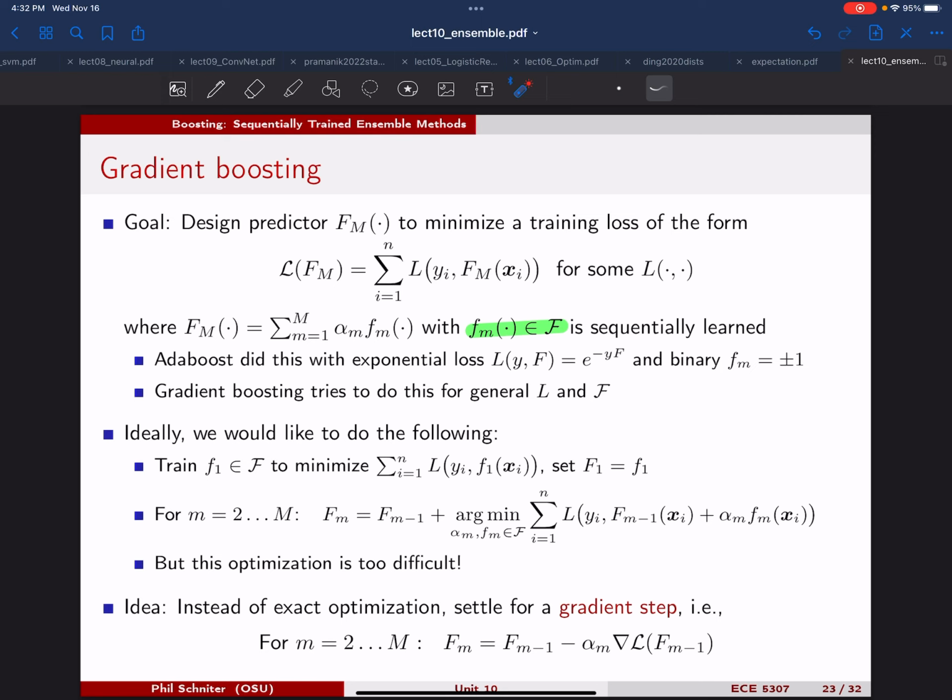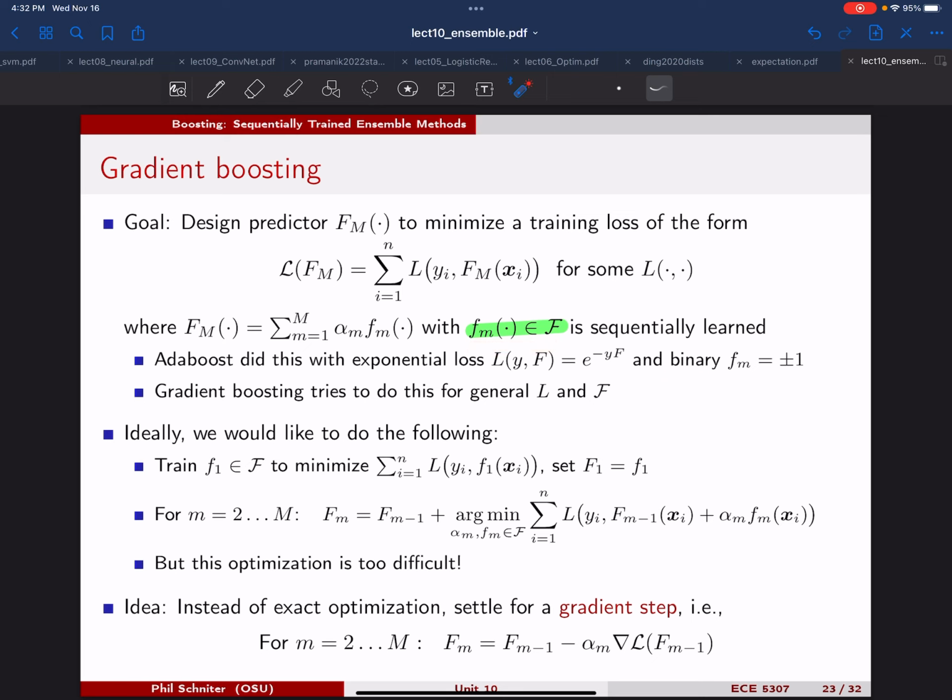And we can think about an example of this that we just saw is AdaBoost. So AdaBoost is a particular example of this, where we used a very particular loss, which was this exponential loss, and we used a particular kind of predictors here, which were binary plus minus one predictors.